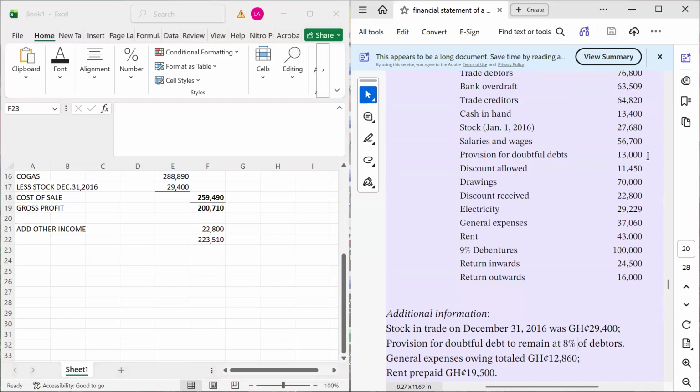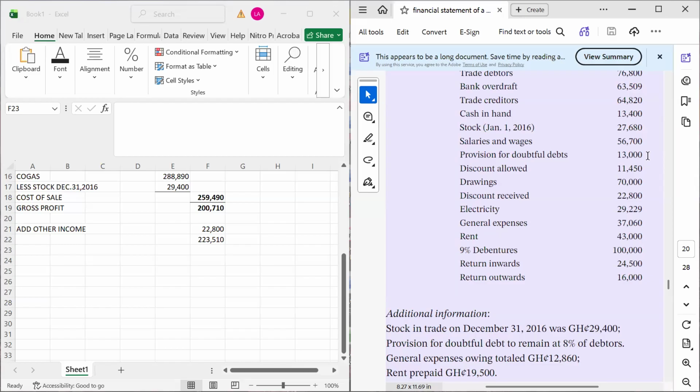Are we together? Yes, sir. So what do we do? They have already charged provision for 13,000, but they are now telling us that that provision should remain at 8%. So what we need to do is that we look for the debtors figure and then calculate the 8% and compare it with what has already been charged.